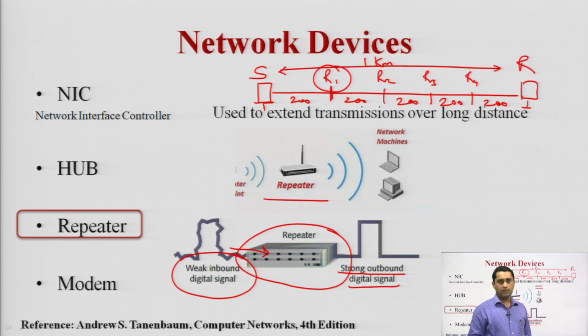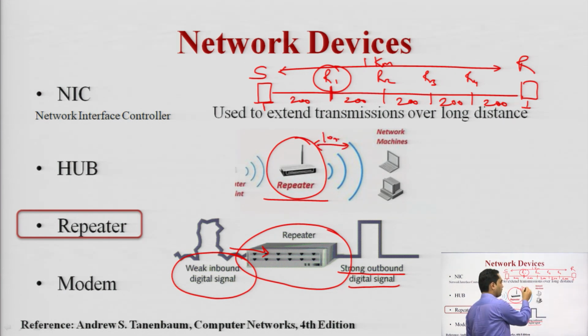In this case I can use a Wi-Fi repeater, and this Wi-Fi repeater can extend the range. The signal range will increase, and after 10 meters I can also use the same signal. Okay. So, this is the example of how we can extend the range or regenerate the signal. This is the example of a repeater.